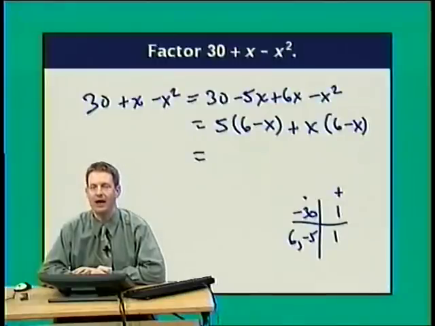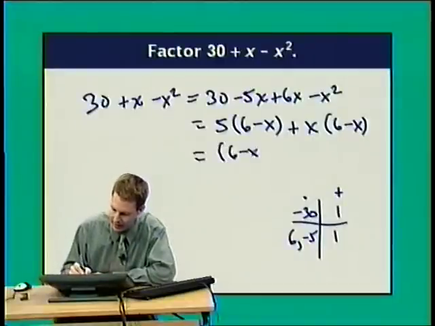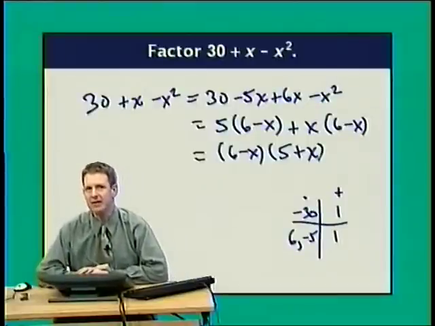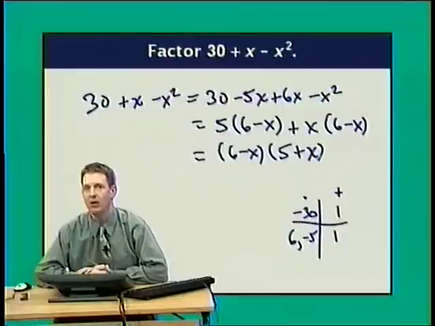Now I can go ahead and pull out my common binomial factor of 6 minus x, and that leaves behind 5 plus x. And this is the factorization that I figured out earlier, but I don't know about you, it didn't give me nearly as big a headache figuring it out this way.